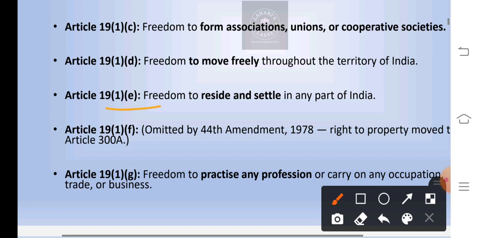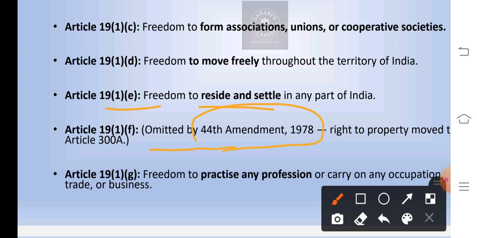Next is Article 19(1)E, that is freedom to reside and settle in any part of India. Anybody can reside anywhere and get settled in any part of the country. Article 19(1)F has been omitted, that is repealed by the 44th Amendment Act 1978, which was the right to property.